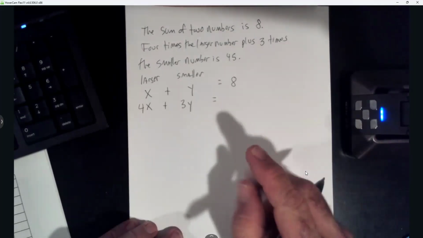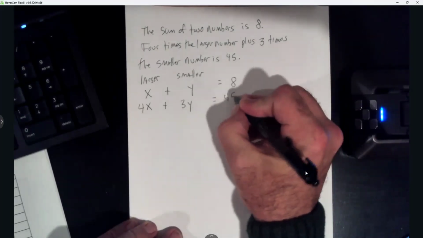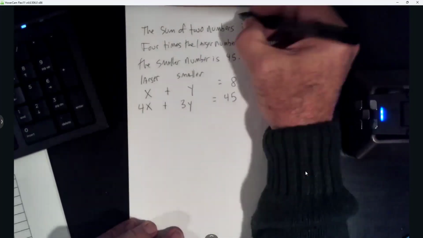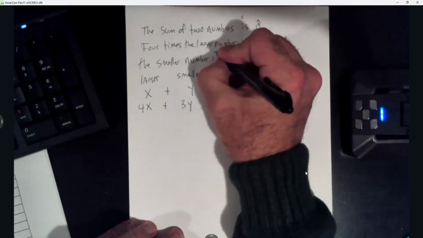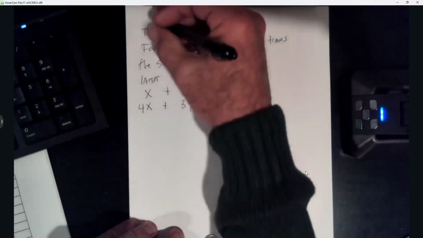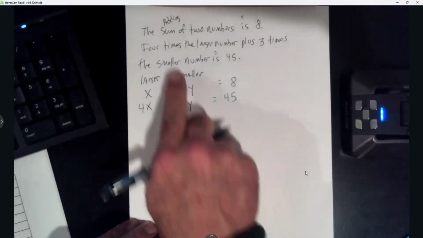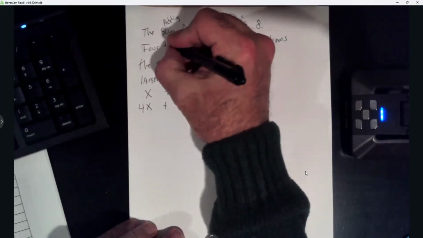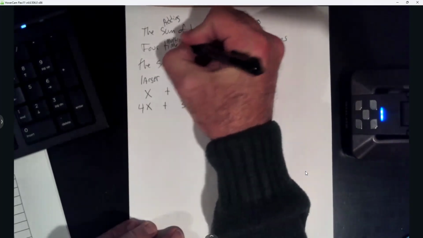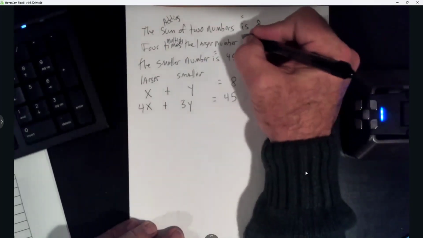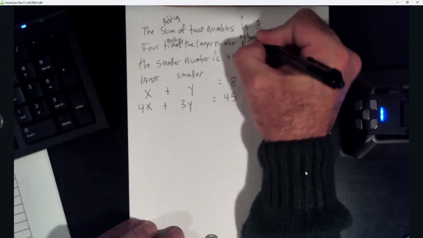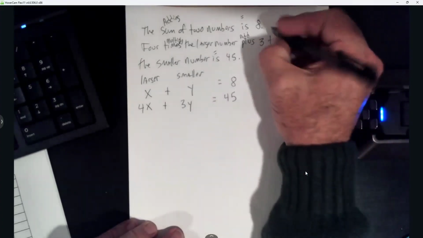Those two together equal 45. So remember, is your equals on these. The sum means you're adding. 4 times, use multiplying. And then plus here meant add. And then 3 times again meant multiply.